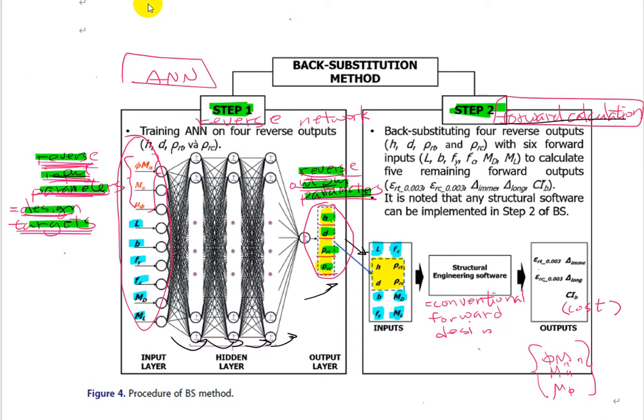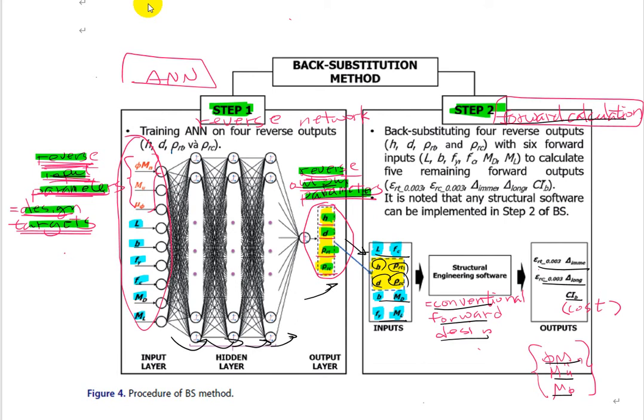Once you have all this HD, rho RT, rho RC in the input side with the other regular input parameters, then now you have a conventional design for step 2. So you go and calculate the outputs. The output will include these 3 reverse input parameters which were pre-assigned on an input side for step 1.